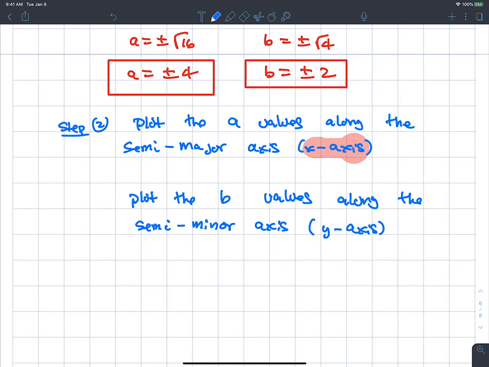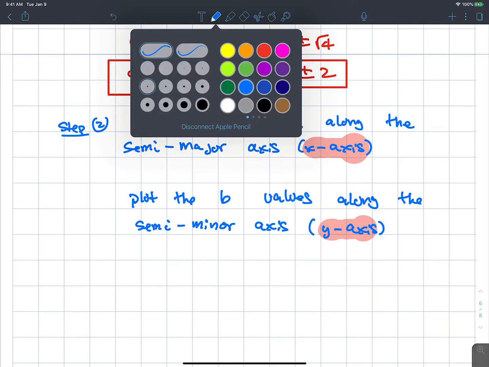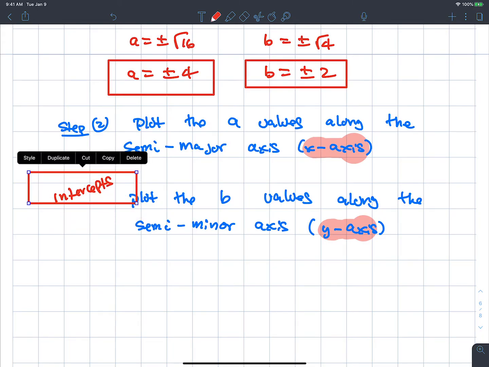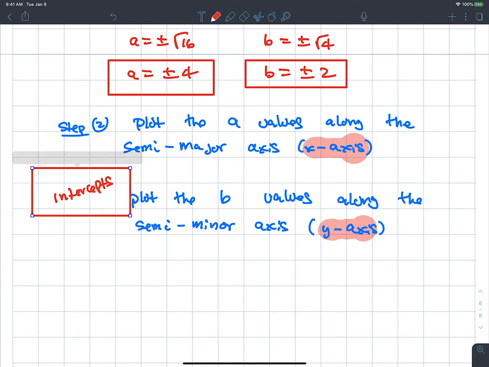You're going to plot that, okay? What you guys are looking at, in case you didn't know, these are really intercepts. These are where the curves cross both the x and the y axis. These are intercepts, ladies and gentlemen. That's what these things are.